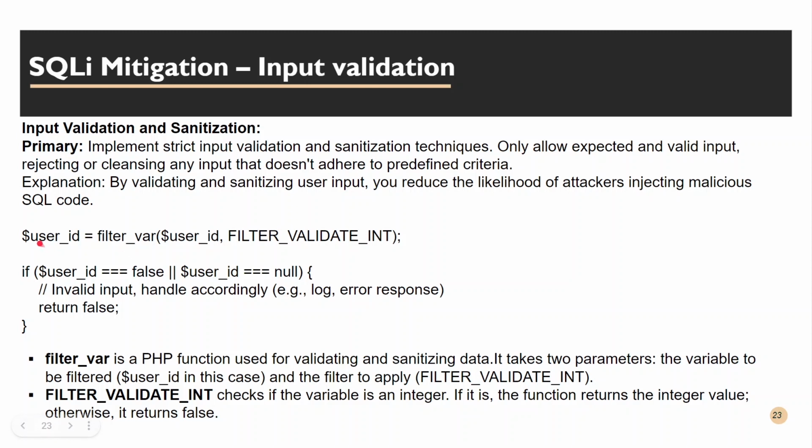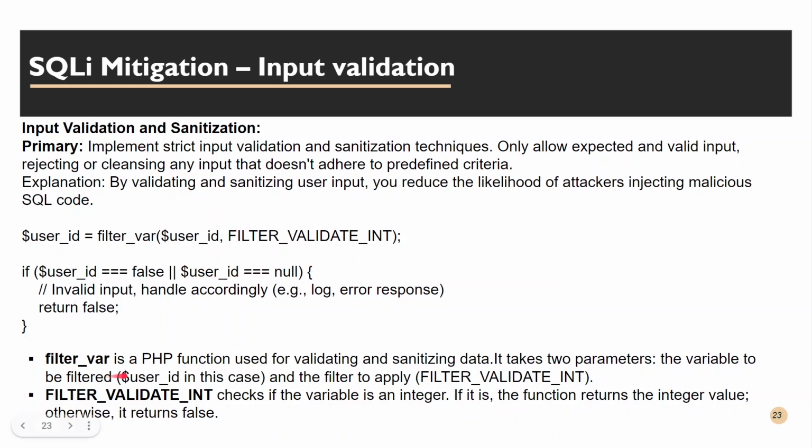We are using a variable declaration equal to filter_var, which is actually a PHP function. Then we are supplying two arguments, which is the user ID and the FILTER_VALIDATE_INT. Then we also have a conditional statement that checks if the user ID equals false and if the user ID equals null.